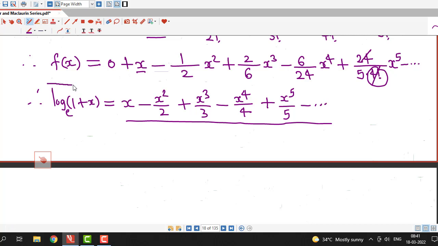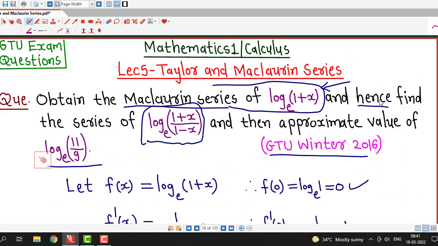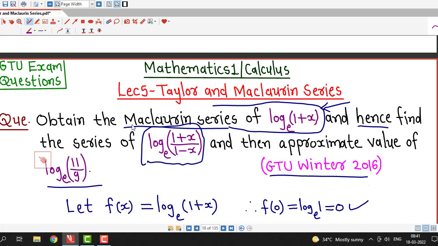So we always keep in mind that whatever series we obtain, it is not necessary that it will be convergent to the given function for all values of x. So this is the Maclaurin series of log 1 plus x, and that is the first part of the question. Obtain the Maclaurin series of log 1 plus x.